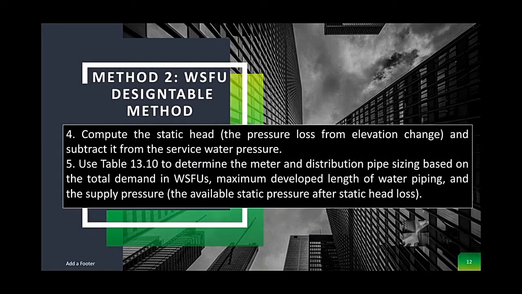Next, compute the static head and subtract it from the service water pressure. Then, use table 13.10 to determine the water service and distribution pipe sizing based on the total demand in WSFUs, maximum developed length of water piping, and the supply pressure.